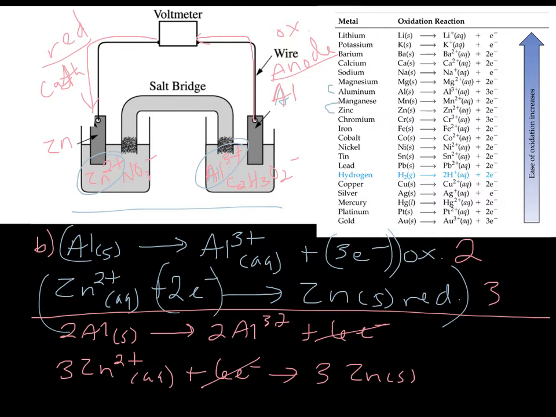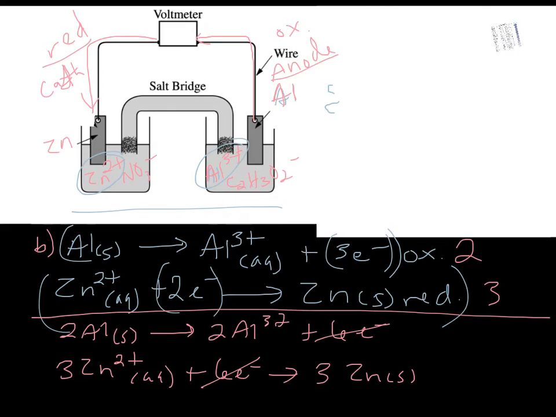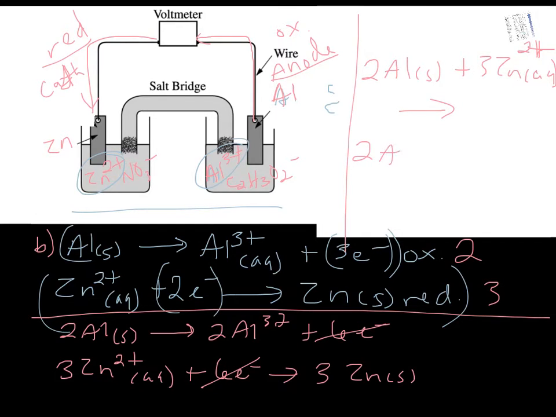Now I can do that, and I will do that right up here. So in my reactant side, I have 2Al plus 3Zn2+, and that's aqueous, going to 2Al3+ aqueous plus my 3 solid zincs.